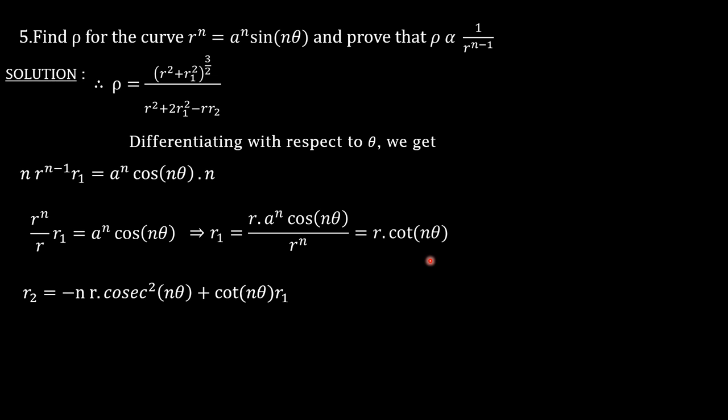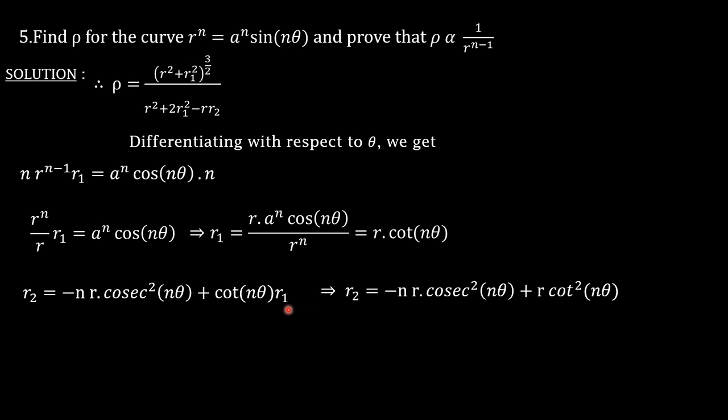Now again differentiating r1 to obtain r2. So r2 is equal to r into, what is the differentiation of cot n theta, students? Differentiation of cot n theta is minus cosecant square n theta into differentiation of n theta with respect to theta, that is n, plus keep cot n theta as it is and just do the differentiation of r with respect to theta, that is nothing but r1.